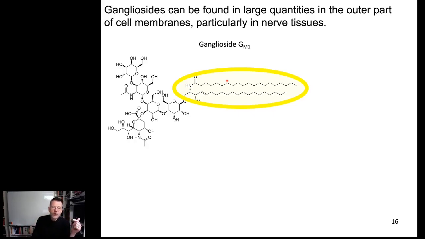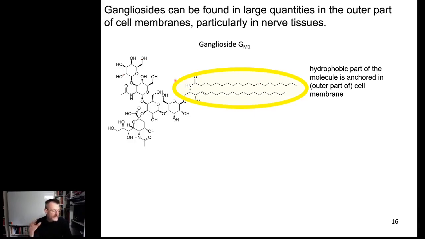And of course, this non-polar part here, once again shown in yellow, can easily interact with the other non-polar part of the cell membrane. And this polar part, because we're talking about hydroxy groups, which can form hydrogen bonds, you remember that, I hope, will interact with the polar parts present at the outside of the cell membrane. Meaning the hydrophobic part of this molecule is anchored in the cell membrane, or you could say it is part of this cell membrane. So we will return to that, of course.